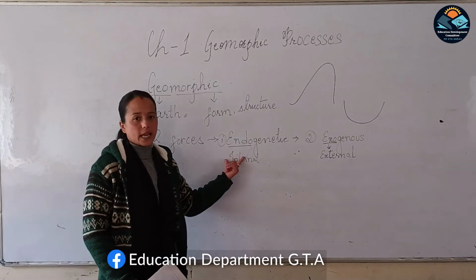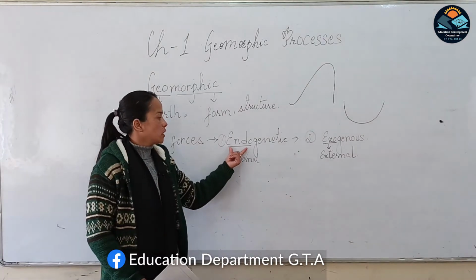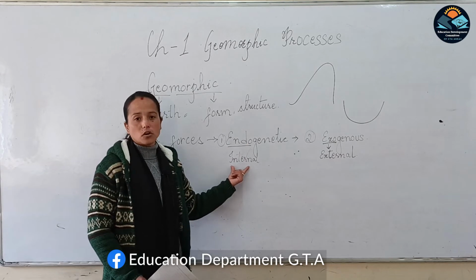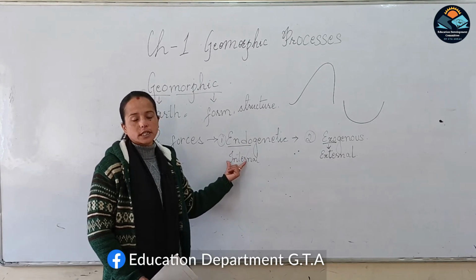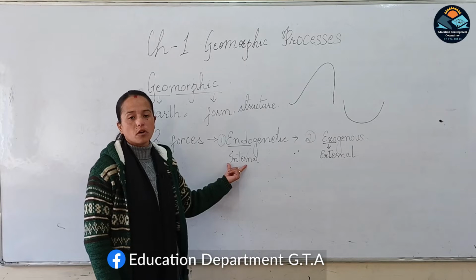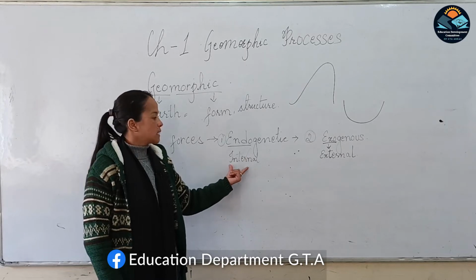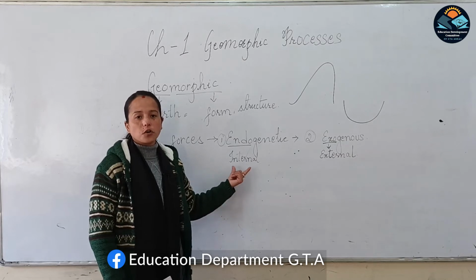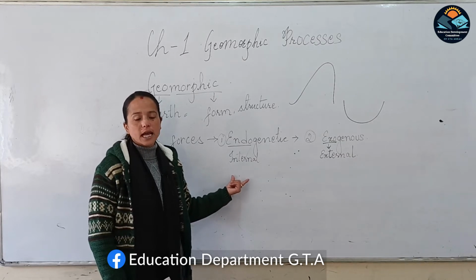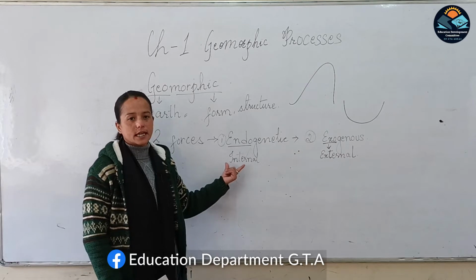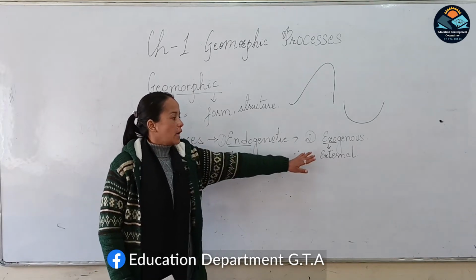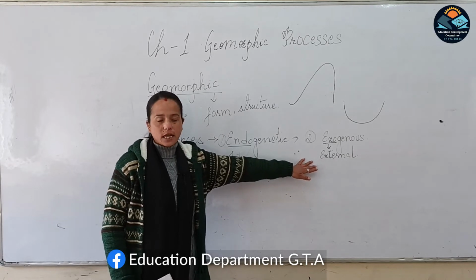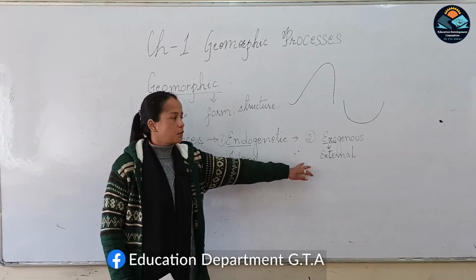First one is the endogenic forces. Here endo means internal or inside, so this force is active in the interior of the earth. These endogenic forces are responsible for the formation of mountains, plateaus, cliffs, etc. And exogenous forces are the forces which act outside on the surface of the earth.